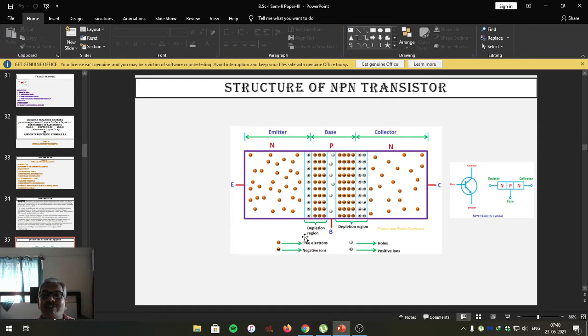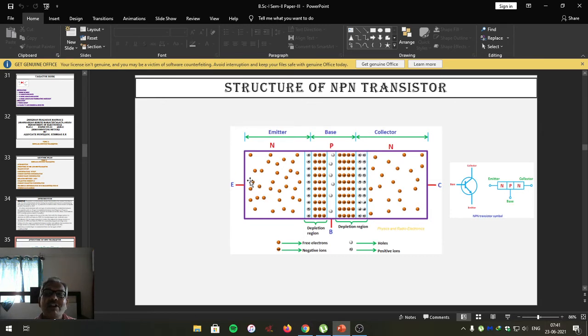This is junction J1, whereas this one is junction J2. We can call this one the output junction, whereas this is the input junction. Thus, on one side there is an N region, at the center there is a P region, on another side there is an N region, and hence there is a formation of the structure of NPN transistor.